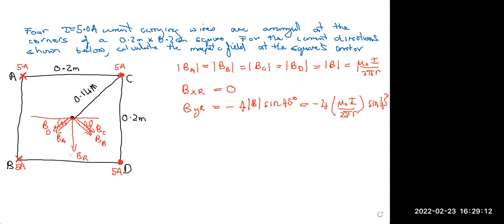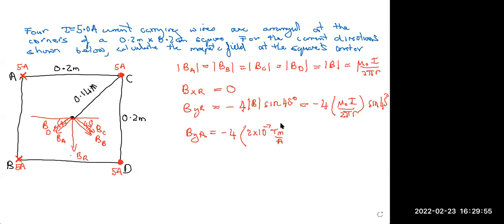At this point, we've got an equation for the strength of the downwards field, the y component, in terms of quantities that we know. So let's just fill them in. Mu naught, if you remember, is 4 pi times 10 to the minus 7 Tesla meters per amp. So mu naught over 2 pi is just 2 times 10 to the minus 7 Tesla meters per amp.